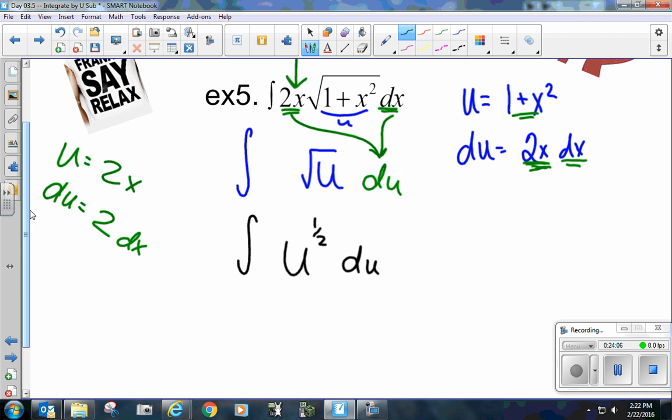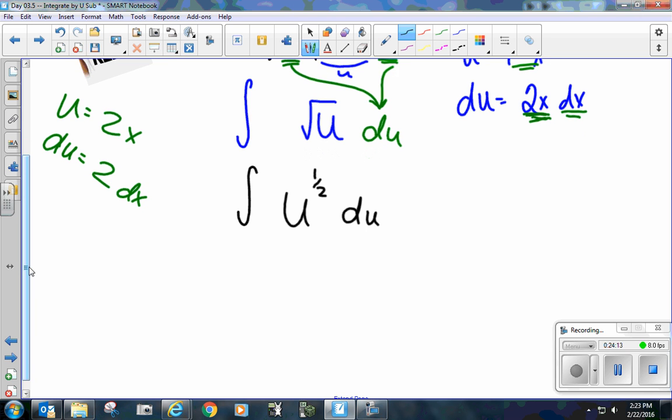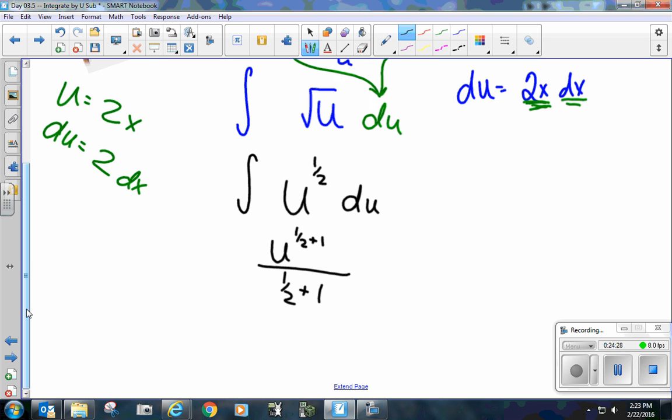Now, what do I do with that exponent? I got to integrate it now, right? So I add 1, and then I divide by that, right? So u to the 1/2 plus 1 all over 1/2 plus 1. Which 1/2 plus 1 is 3/2 over 3/2. Right?